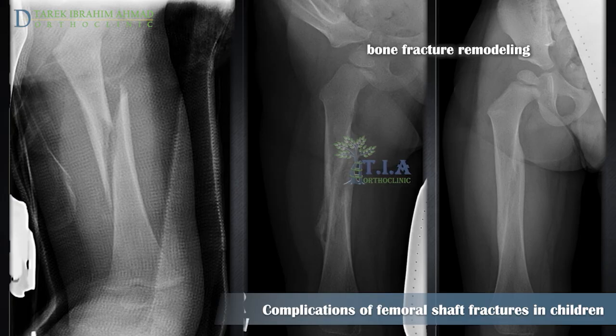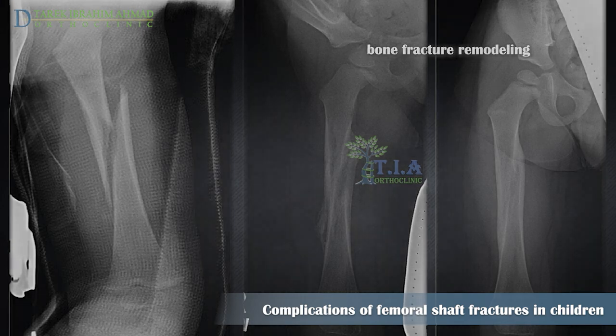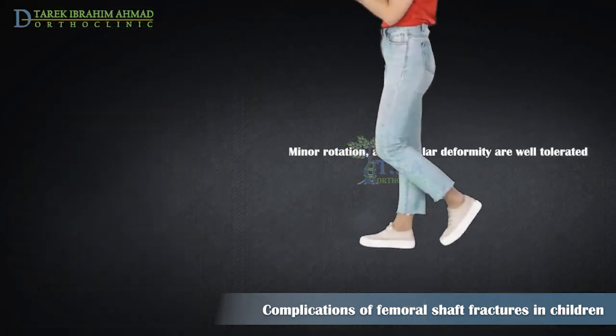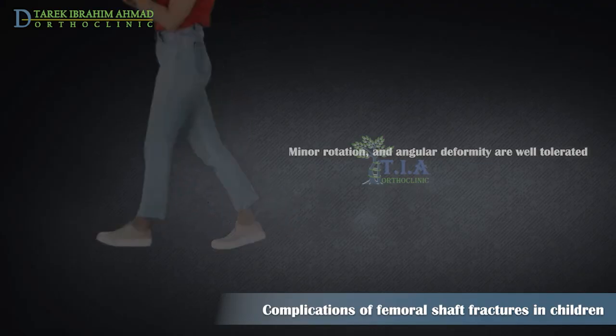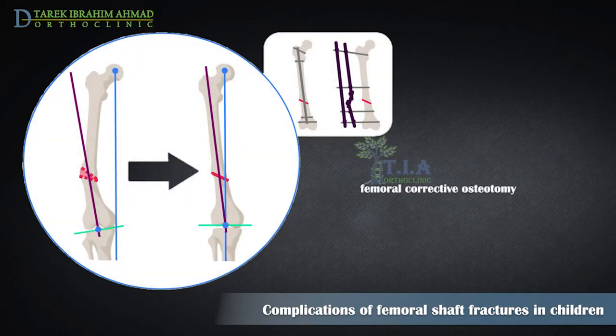As the body lays down new bone, over time, there is an automatic correction or straightening during growth, called remodeling. Rotational malalignment does not remodel. Minor rotation and angular deformity are generally well tolerated. In the rare case of symptomatic angular or rotational deformity, corrective osteotomy is an effective treatment.